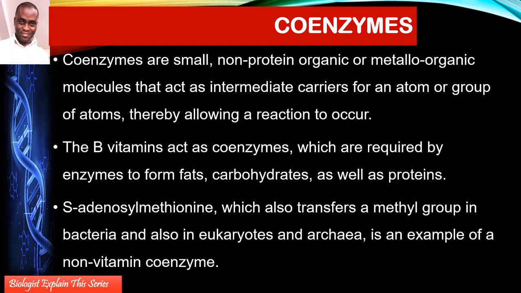So prokaryotes like archaebacteria and eubacteria use methyl groups, and eukaryotes, like humans, also use this. So it's very common to understand that there are coenzymes that cut across all organisms, apart from the ones that are peculiar to different organisms, as we are going to see as we proceed with this study.